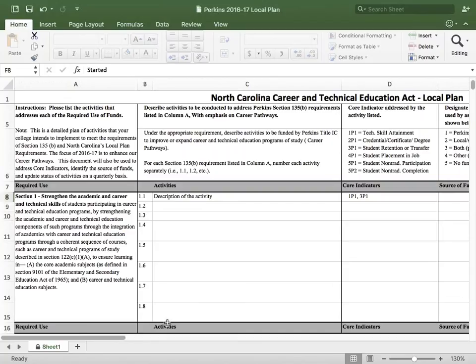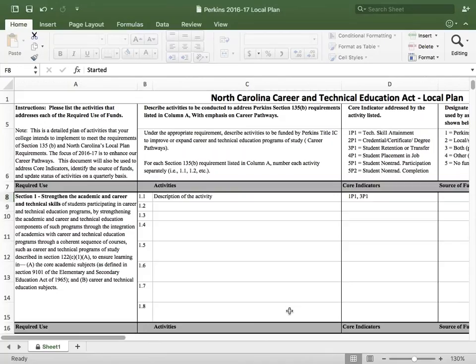But look at what you are doing locally that is of sufficient size to help the vast majority of your CTE students. We have 8 to 9 blocks in each area. That doesn't mean you have to fill them all in. 1 or 2 is sufficient, as long as they're meaningful and what you do in each section has a good impact to enhance CTE programs of study.